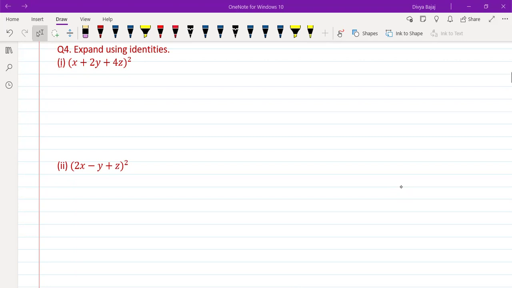We have done one identity, if you remember, which is (a + b + c) whole square. So we are given the question in this form. We are given three terms a, b, c, addition of the three terms, and then the square of that. So this identity is saying what we have to do when we open this, which is a square plus b square plus c square.